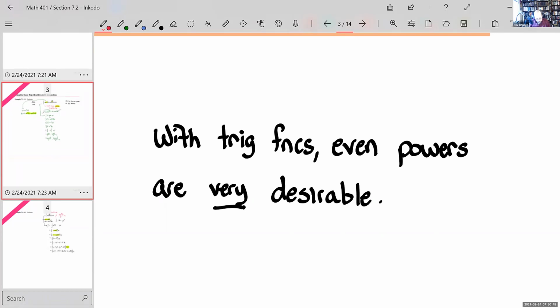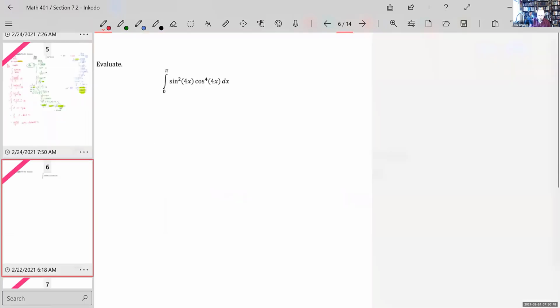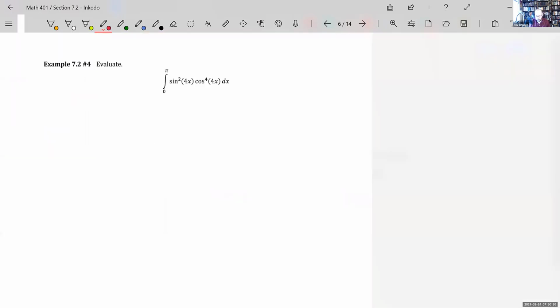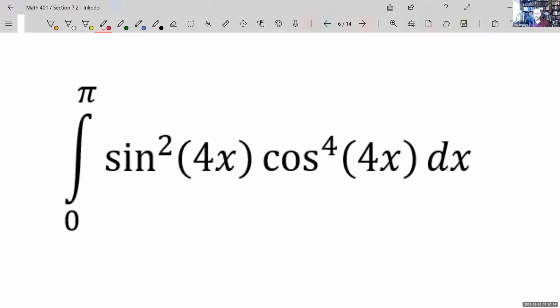An issue occurs if you start a problem where you have a product of trig functions and they're all even powers, because no matter what you do as a u substitution here, one of the powers is going to become odd and you won't be able to exchange it out. Let me write that up above.